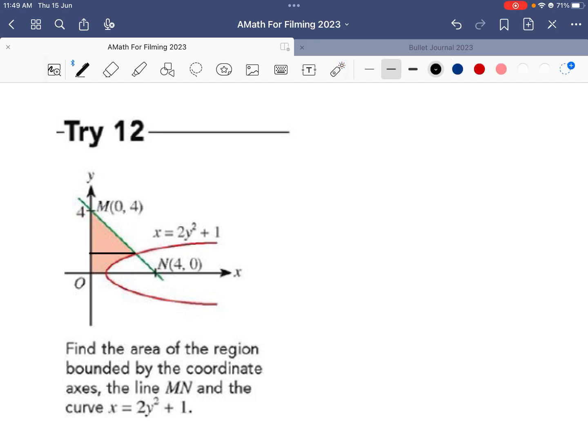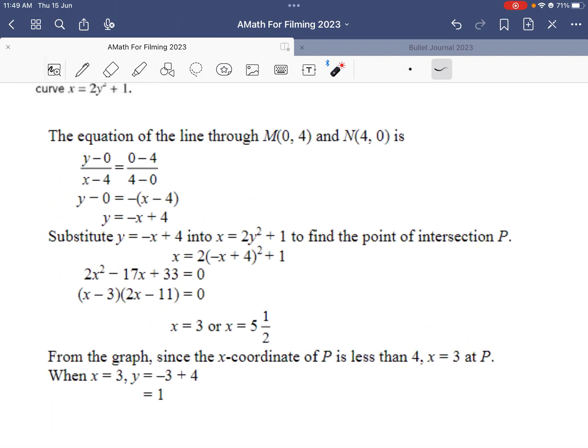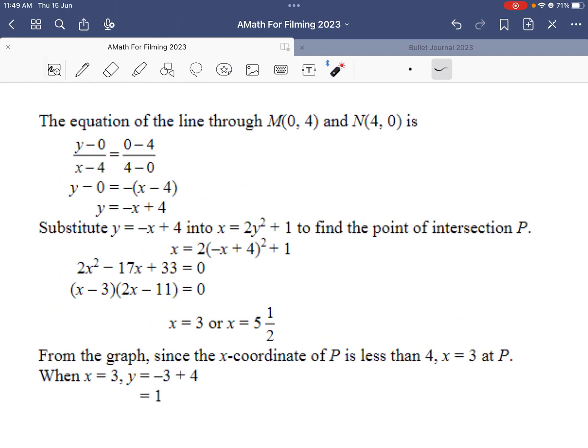So my method will be you divide this region here. Maybe we call this M, N, maybe P. So you can find the area of the triangle, and the area of the region bounded by the curve and the y-axis, which is here. You add the two of them together. So first and foremost, what you can find is that the equation of MN should give you y equals negative x plus 4.